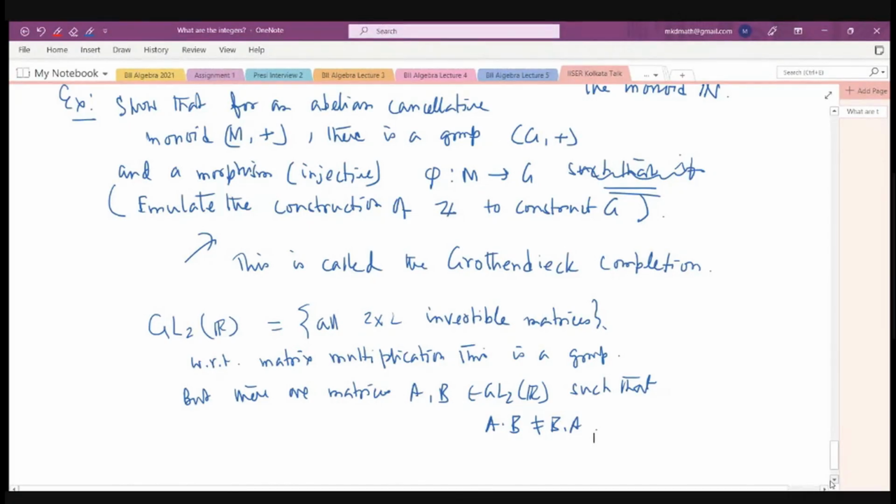All right. So Rohan, you can go ahead. Yes, sir. I had two questions. One was that we've constructed Z from N to solve the equation x plus 1 equal to 0, and finally we wrote that x plus 1 equal to 0 has a solution, the equivalence class of (0, 1).